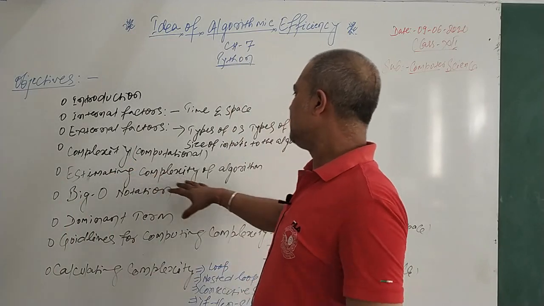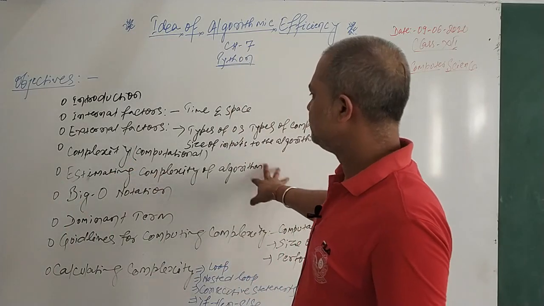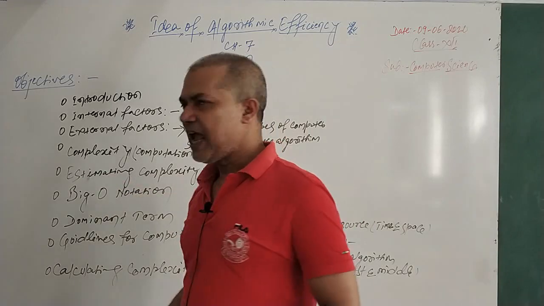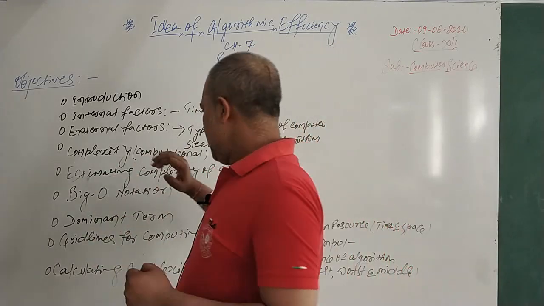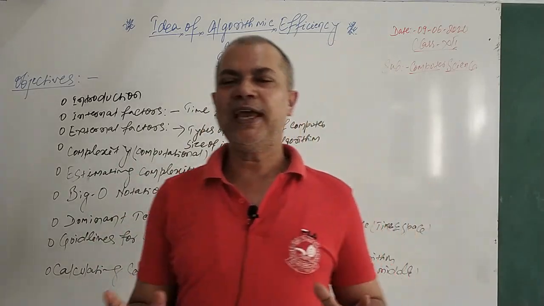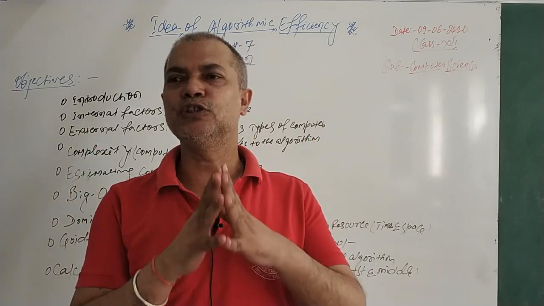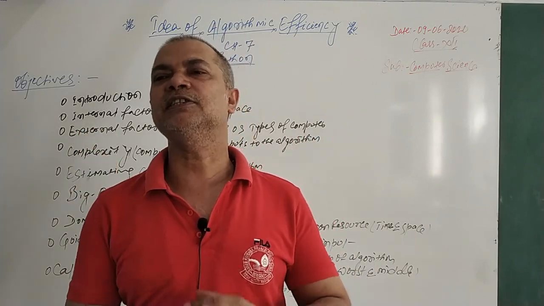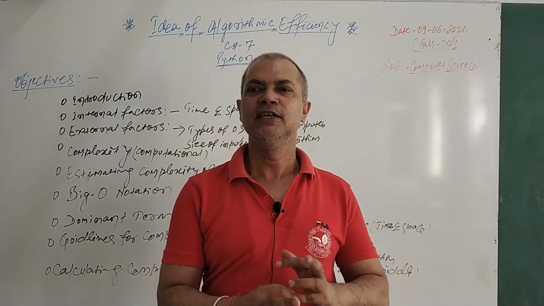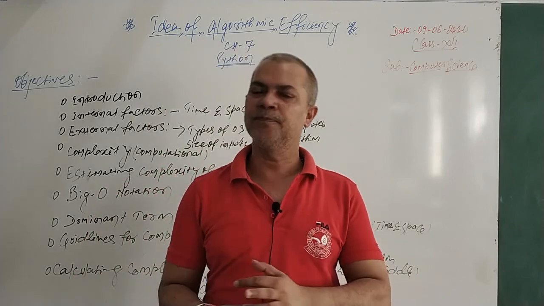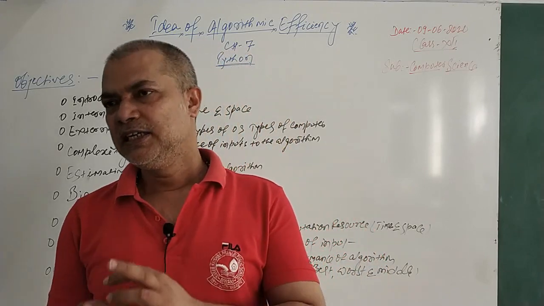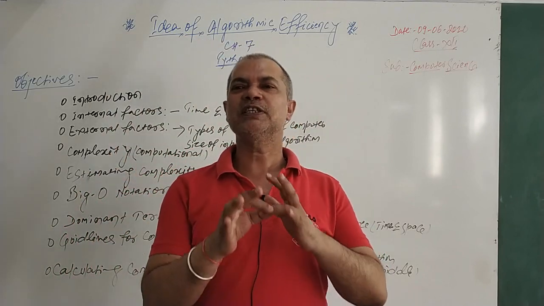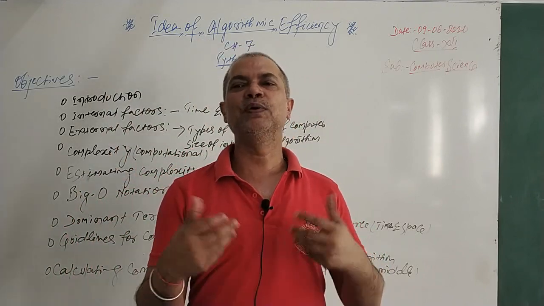Now, estimating the complexity of an algorithm, as I already said, always depends on two factors: the time, how much it takes to execute a set of statements with a set of inputs, and also the space it needs to execute it.